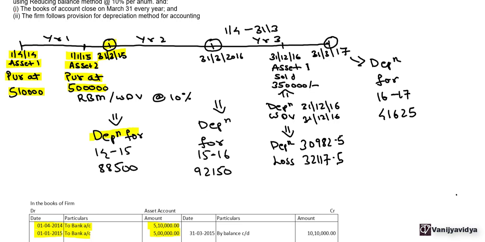So depreciation for 2014-15 is 88,500. Now, in case of the provision for depreciation method, we prepare one more account, that is provision for depreciation, and we do not charge the depreciation directly to the asset account. So the entry will be depreciation account debit to provision for depreciation 88,500.